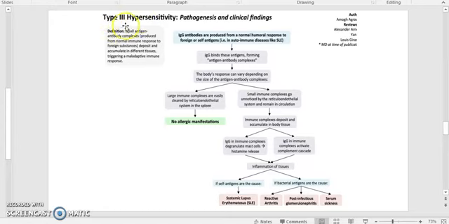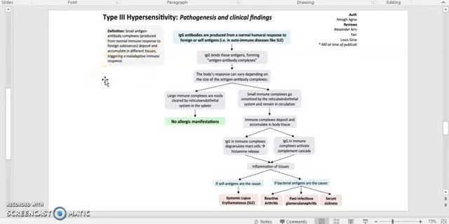So type 3 hypersensitivity is the immunocomplex or antigen antibody mediated reaction. It is a mechanism in which small antigen antibody complexes produced from the normal immune response to a foreign substance deposit and accumulate in different tissues, triggering a maladaptive immune response.